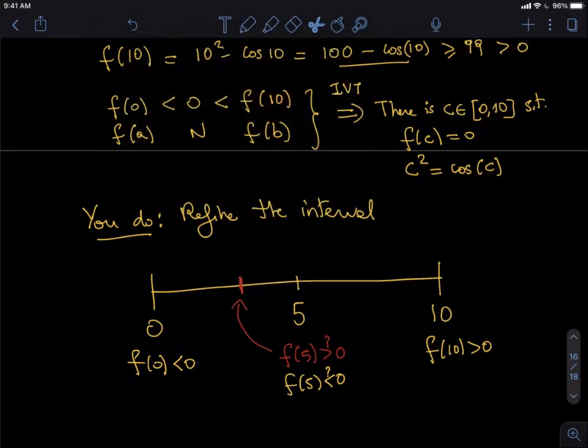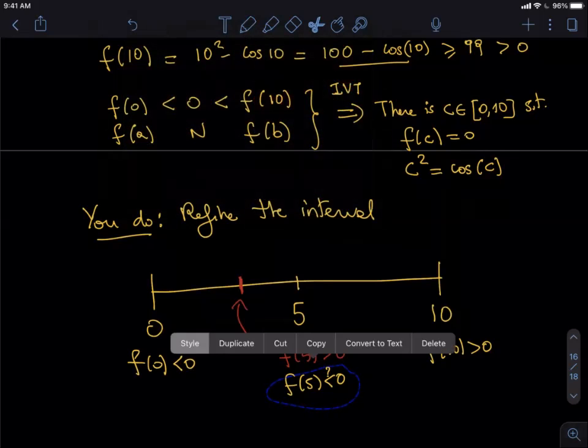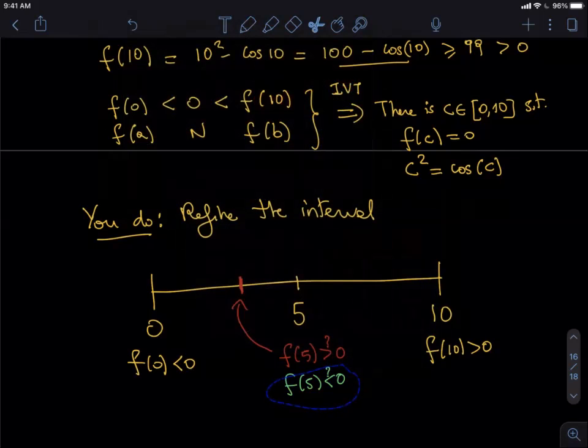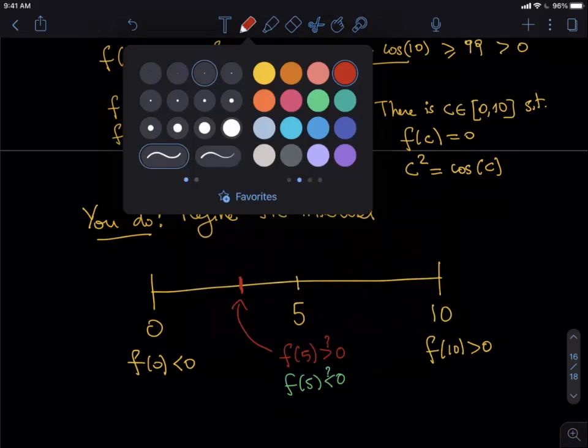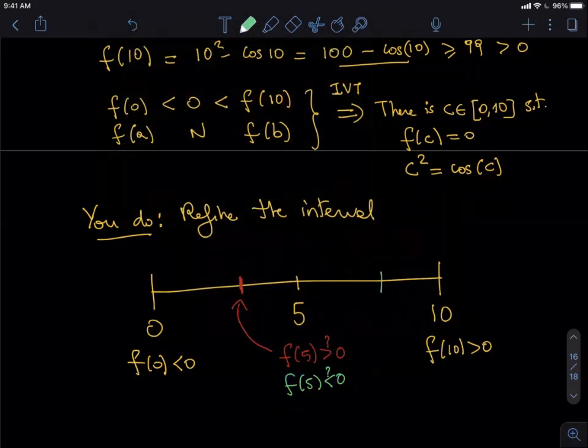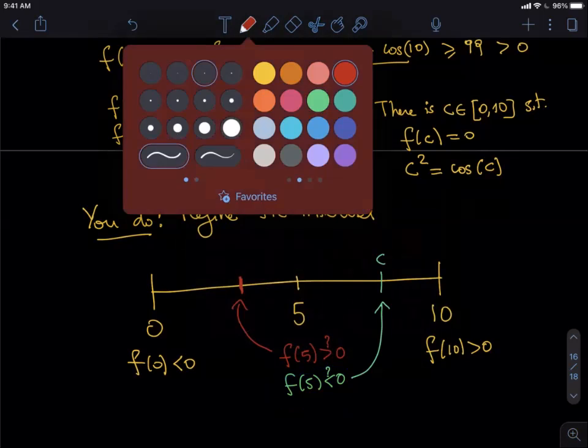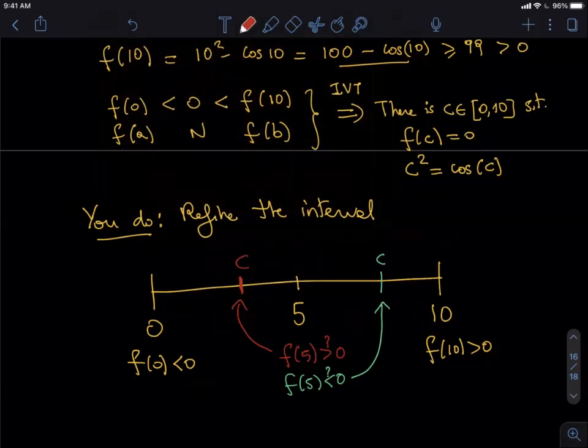But if it comes out negative, then you know for sure that your value c was lying on the right of 5. Okay, so those are the two possibilities. You figure out which is which. Then you can keep refining, splitting the interval in halves until you are satisfied with the result.